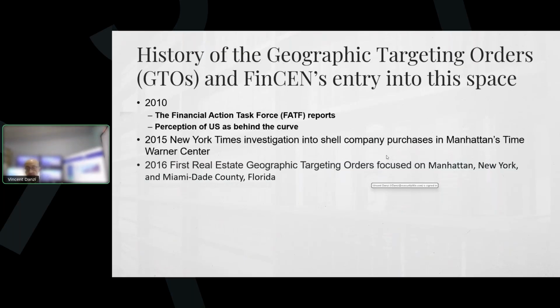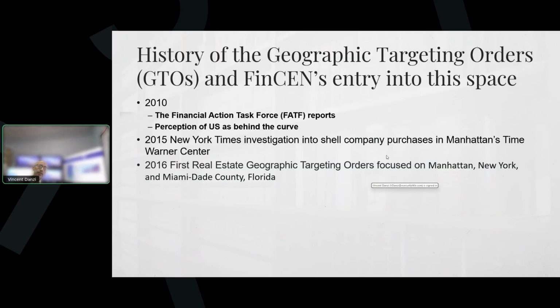And that was increasingly seen as something that bad actors were exploiting, and using real estate in particular as a way of moving value in ways that might otherwise have been detected if those transactions were being conducted with the involvement of a lender that was regulated under FinCEN's customer due diligence requirements.